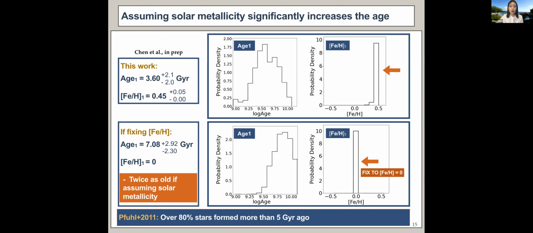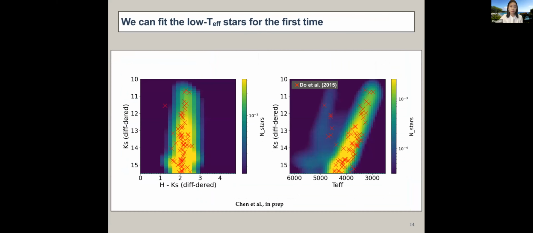And the fitter prefers the 2 bursts, and you can also see the 2 bursts: the majority part with higher metallicity and older age, and some very few stars right here, with low metallicity measurements, but still relatively younger than the majority part.